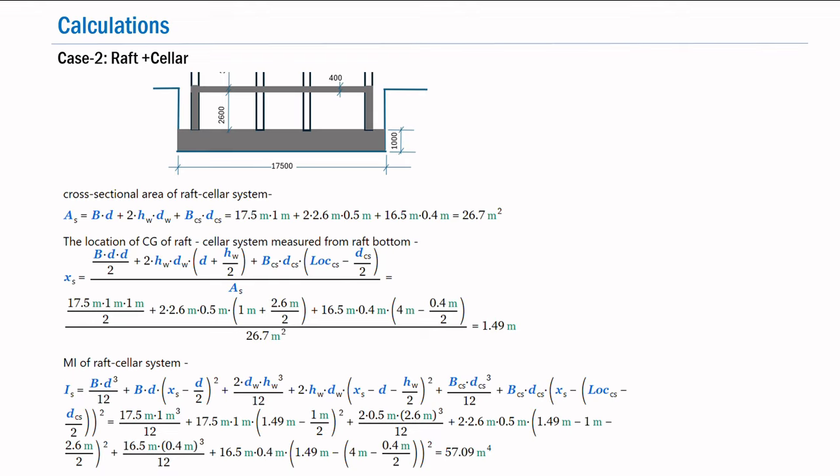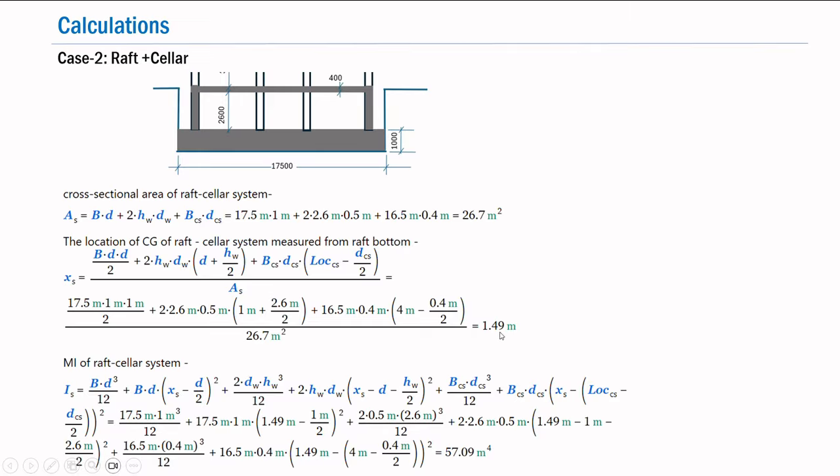Now for the computation of the moment of inertia, we need to first locate the neutral axis for this section. So for locating the neutral axis, we use a simple formula xs is equal to summation of AiXi divided by sigma A. So substituting the first moment of the various components about the base of the raft, we locate the neutral axis of the entire cross section as 1.49 meters measured from the raft bottom.